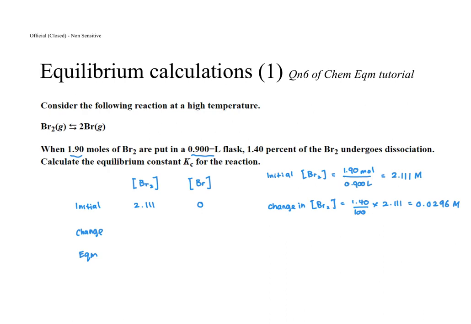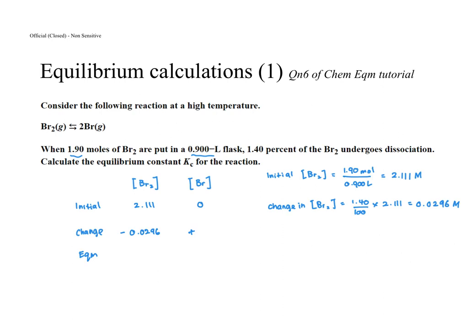Change in Br2 would be 0.0296. Since Br2 is dissociating, the change will be negative because the concentration of bromine will be decreasing. Whereas for Br, the concentration would be increasing, so the change would be positive. Let's look at the stoichiometric ratio.